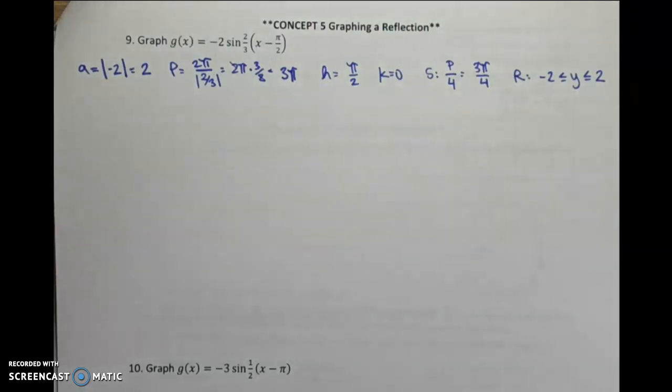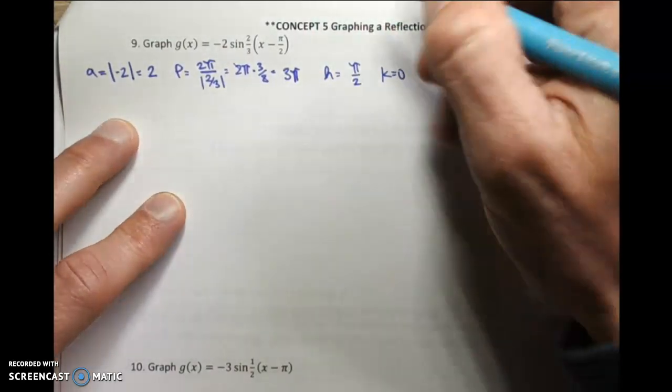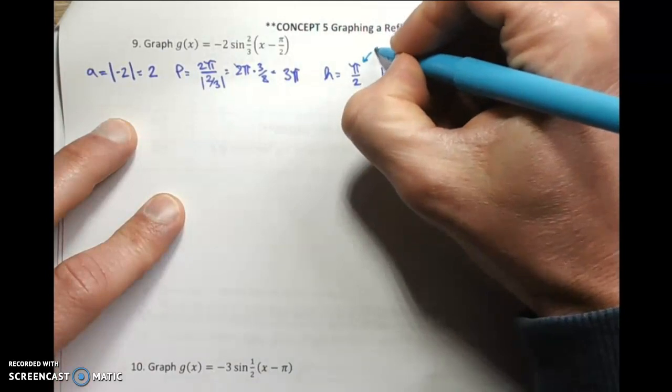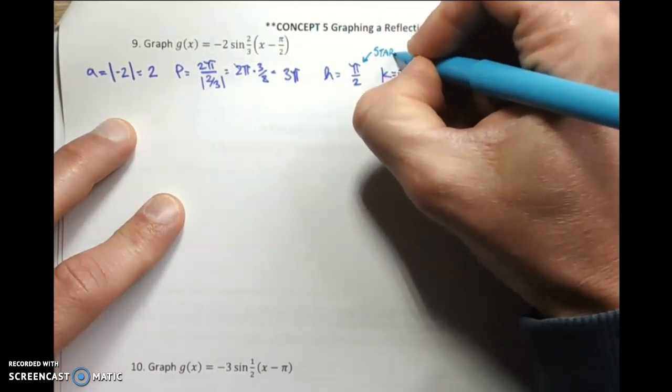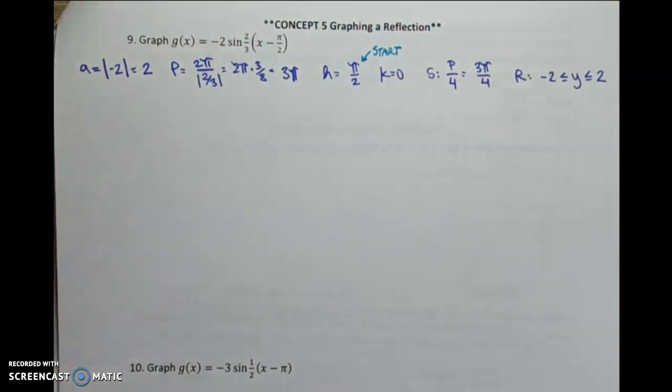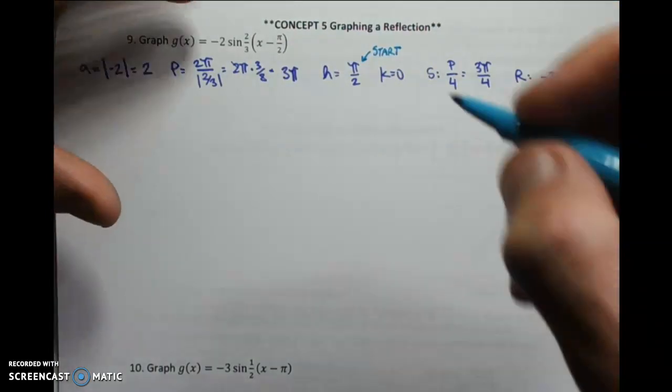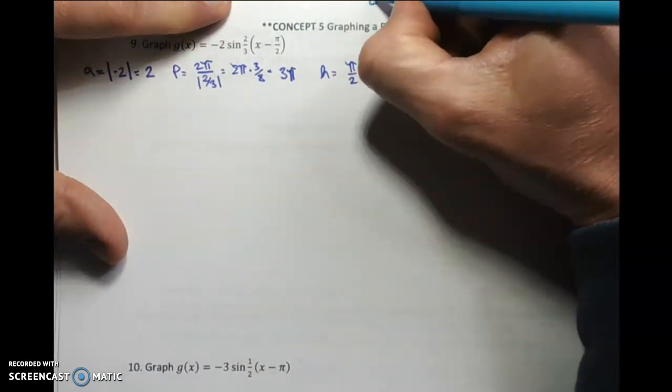So what we want to look at is where do we start, right? Well, this is a shift to the right, so I'm going to start here. And where am I going to end? Well, let's just go up here. So end.